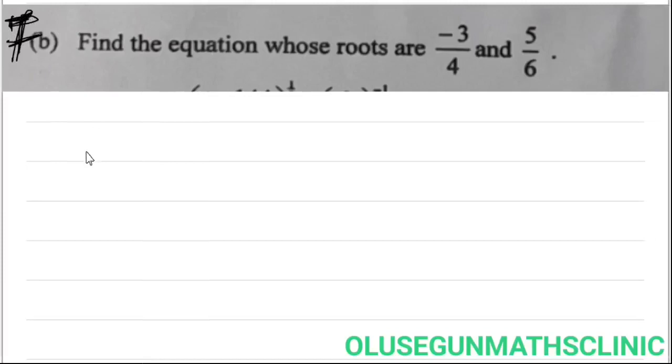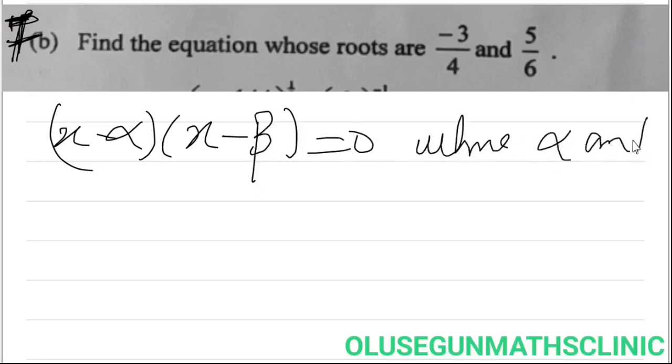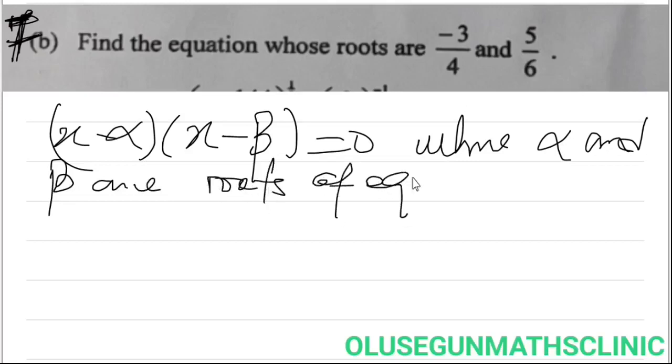It says find the equation whose roots are these. The formula to use is x minus alpha multiplied by x minus beta is equal to 0, where alpha and beta are roots of the equation.